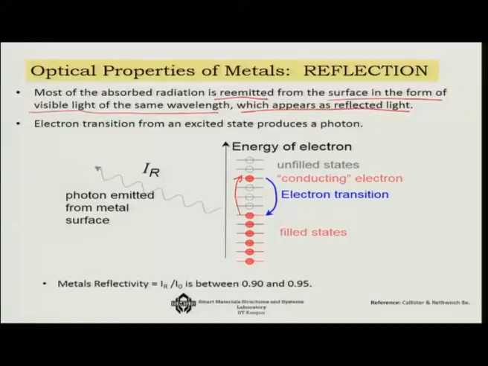So as soon as it goes to the excited state, it tries to jump back to the low energy state in order to minimize the energy, and as a result the electron emits the energy, approximately of the same frequency as the incident energy, and it comes back as reflected energy.